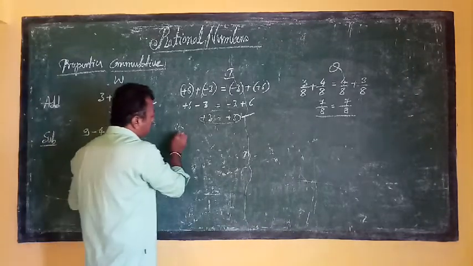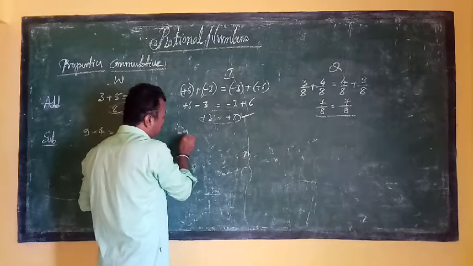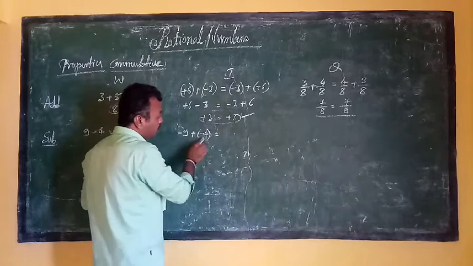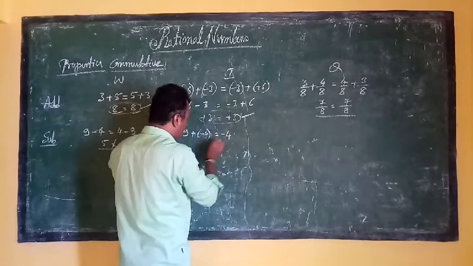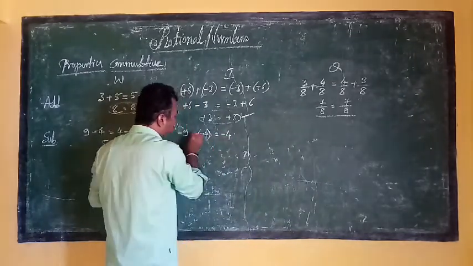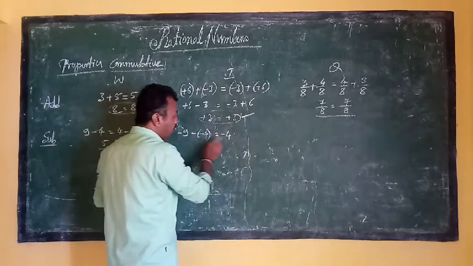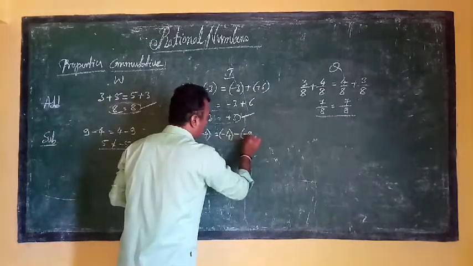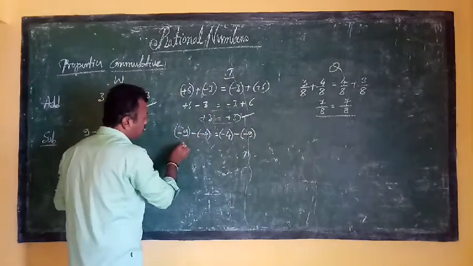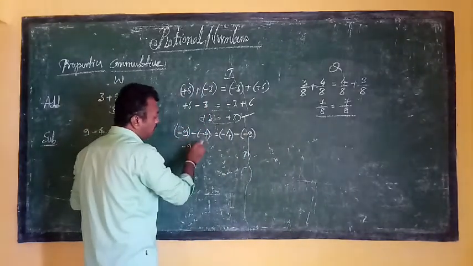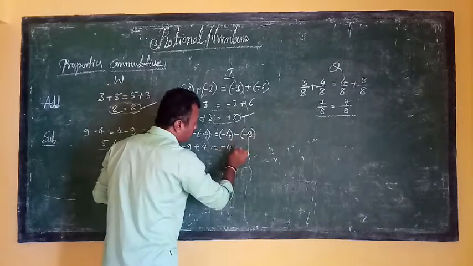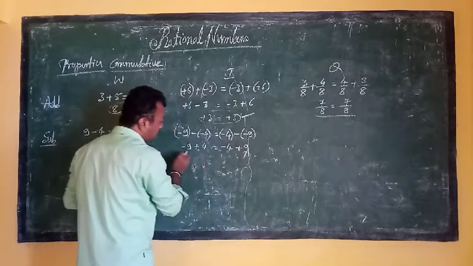Integers. Here minus 9 minus 4 is equal to, interchanging the order, minus 4 minus of minus 9. On the left side, minus 9 minus 4 becomes minus 13 by the sign rule as written.